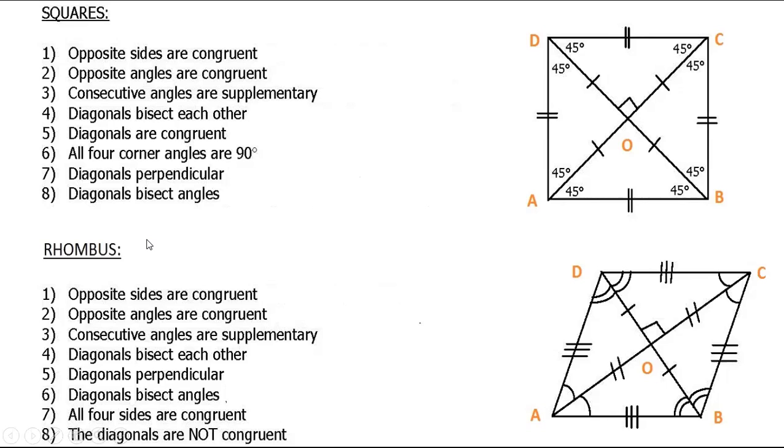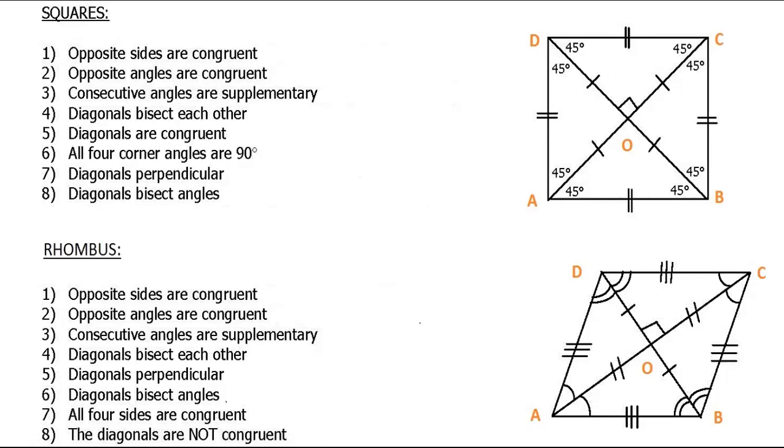The next type we will learn is the rhombus. A rhombus is also a type of parallelogram, and in the rhombus we will find all four sides are equal. Opposite angles are also equal. Consecutive angles are supplementary. It means the sum of consecutive interior angles is equal to 180 degrees. Here angle A and angle B is the first pair.